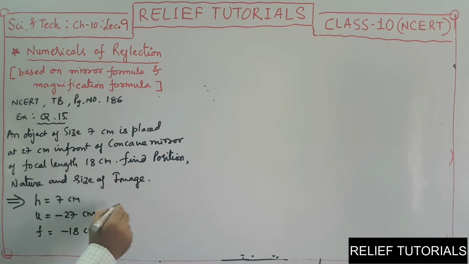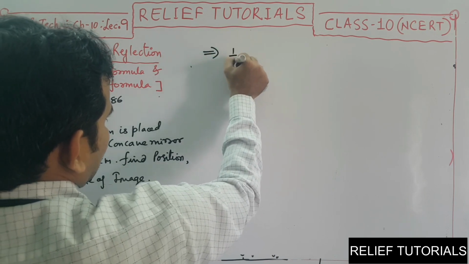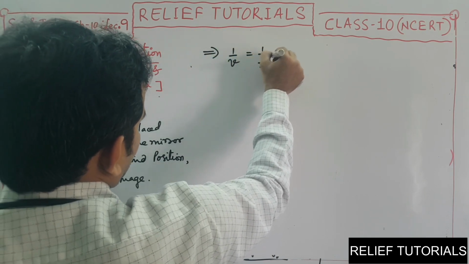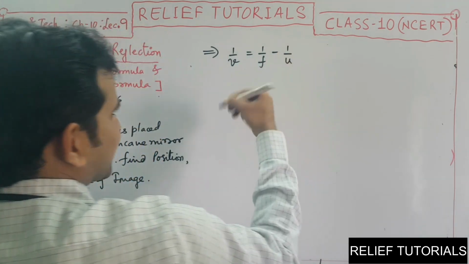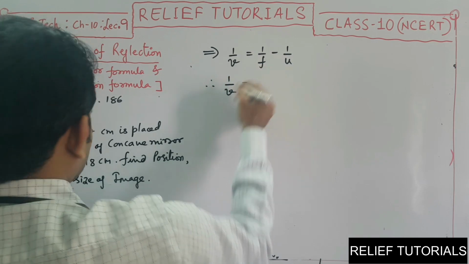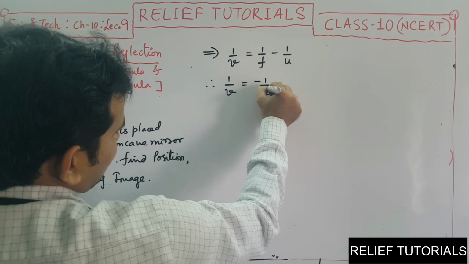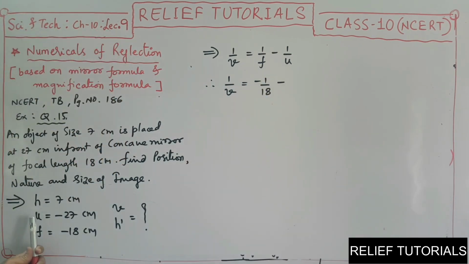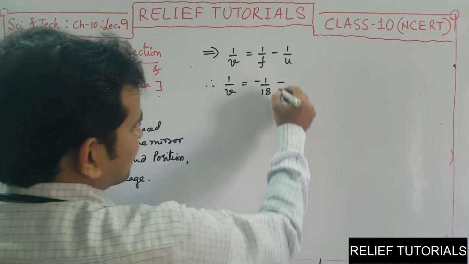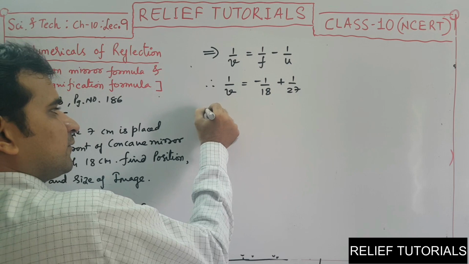Again, find position, nature and size, which means v and h dash you have to find. You can find v using the mirror formula. So again, using the mirror formula, 1 by v is equals to 1 by f minus 1 by u. We can write directly like this. Therefore, 1 by v is equals to 1 by f, which is minus 1 by 18, minus, again minus 1 by 27, so minus plus 1 by 27.